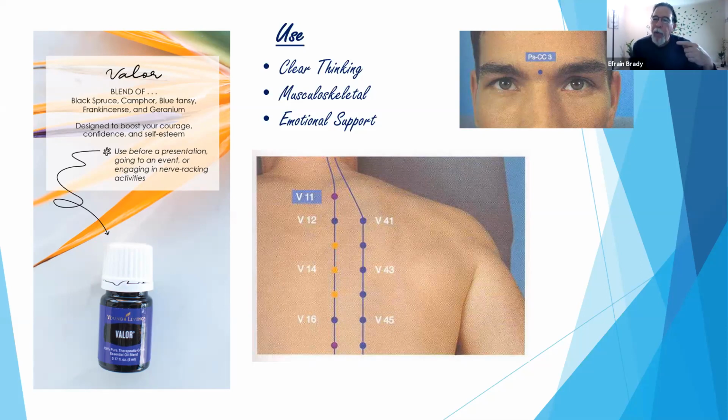Because sometimes we are too rational, and men, we are almost completely rational. Women are more intuitive. So the idea of using the oils in these acupoints is to use your intuition. And intuition is really clear thinking. So that's the connection, and you can do that by stimulating that acupoint between your eyes.